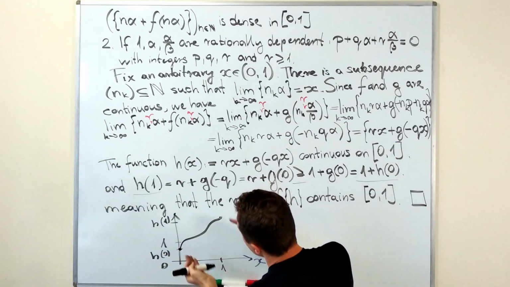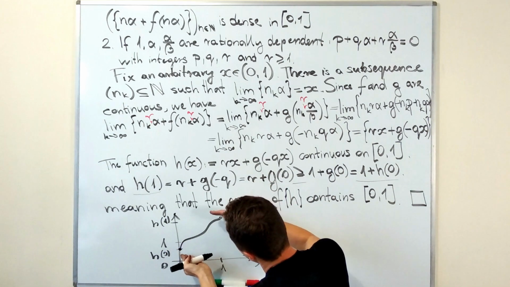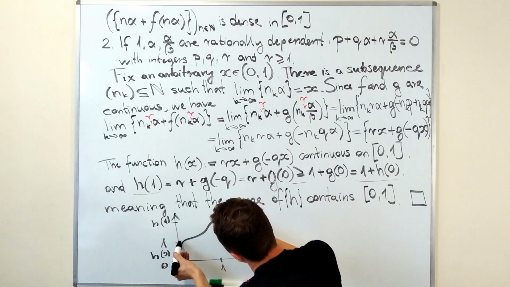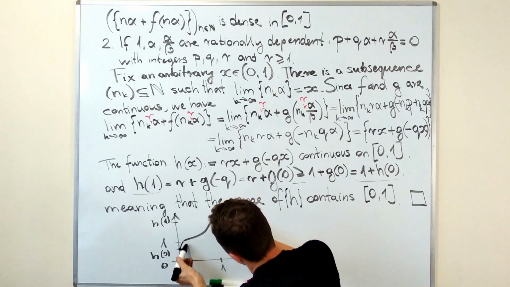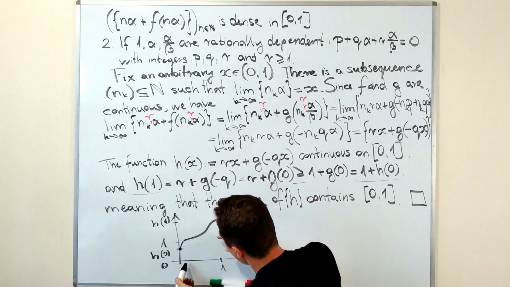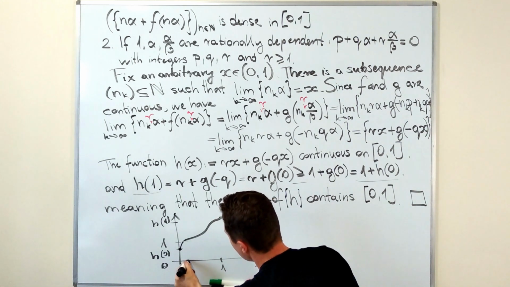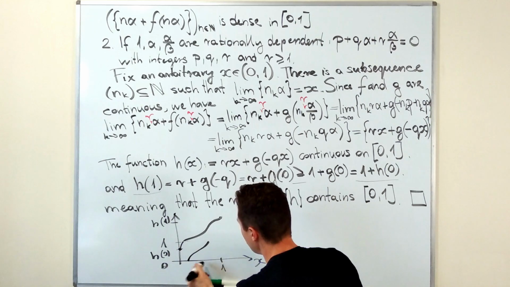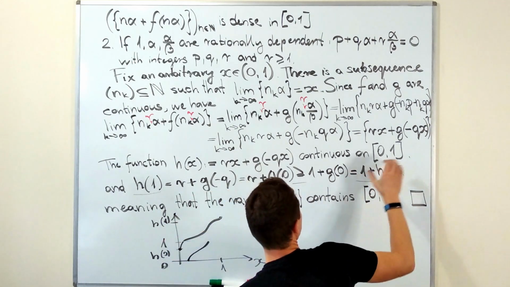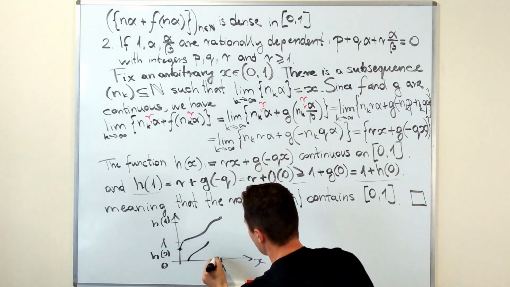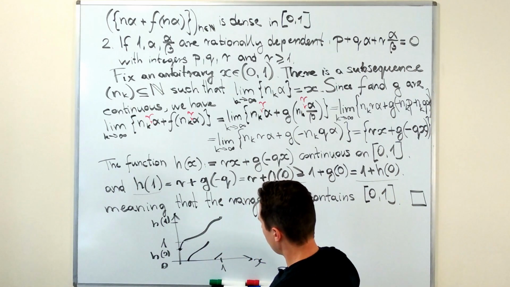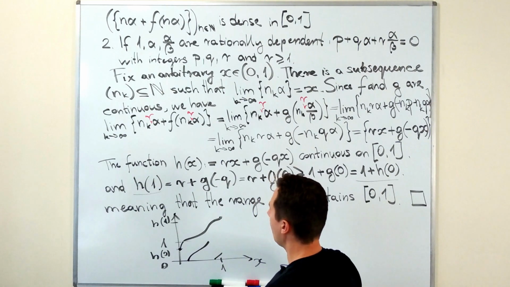When I take the fractional part of this expression, I have to chop it off at 1 and shift it down by 1. But the point is that this will cover the unit interval as its range. I'm not sure if this diagram is perfect, but this is the idea behind the last part of this proof.